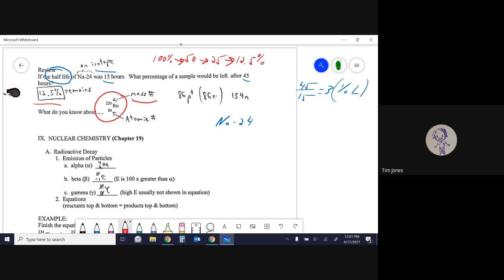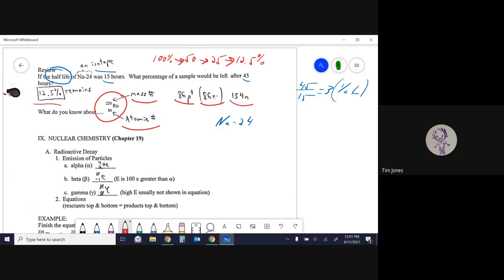So that's the mass number on the top, so 220 in this case. The atomic number, 86, tells you which atom you are, and it is equal to the number of protons. So in this case, reading this, we would say 86 protons. Assuming it's neutral, 86 electrons. And if you subtract 86 from 220, you get 134 neutrons.